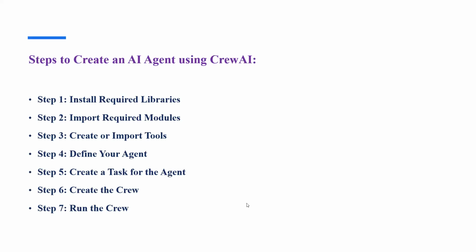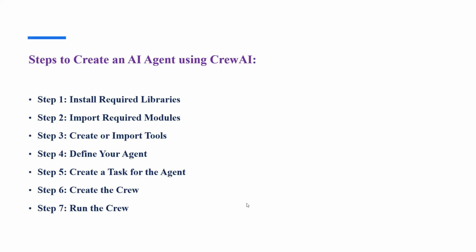After creating an agent, our main task is giving a task to that particular agent. One more thing: whatever the number of AI agents, we have to create tasks accordingly. Suppose we have created 4 AI agents, then accordingly we have to create 4 tasks given to those agents. Then our next step is to create the crew.